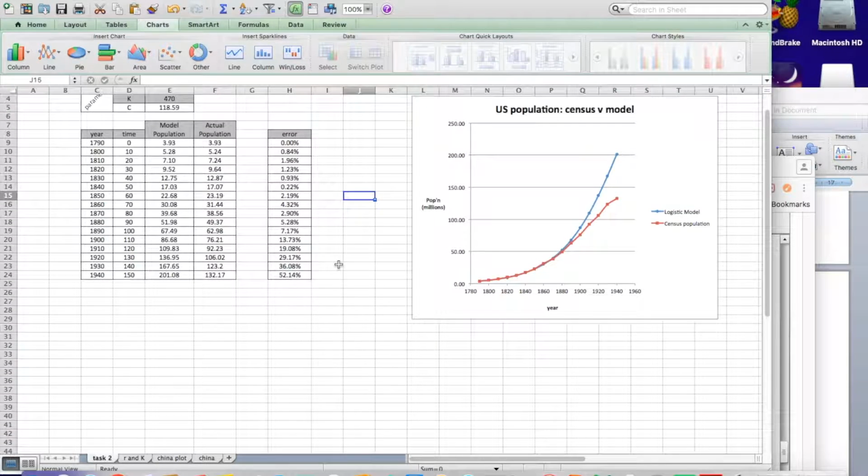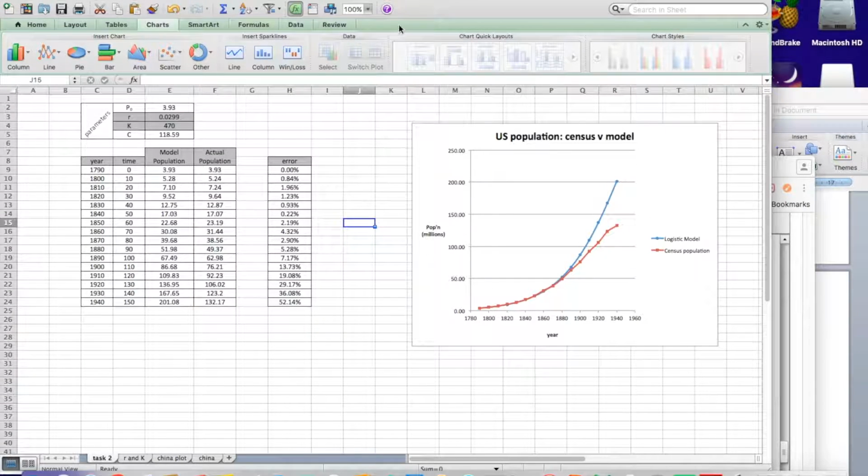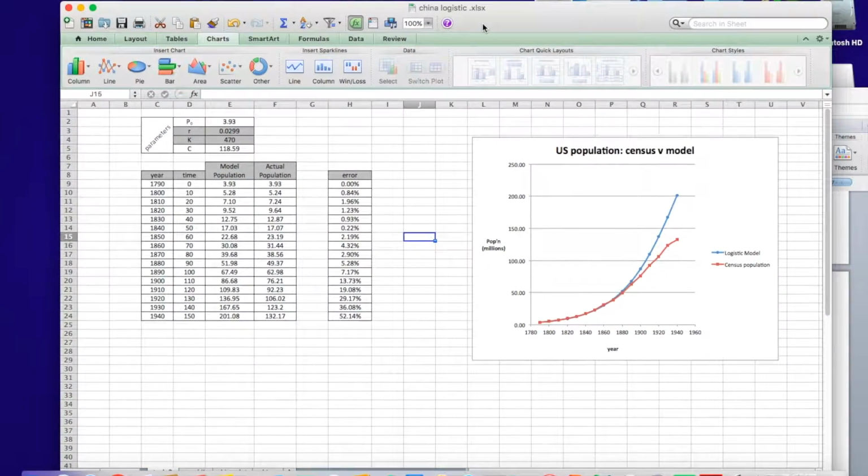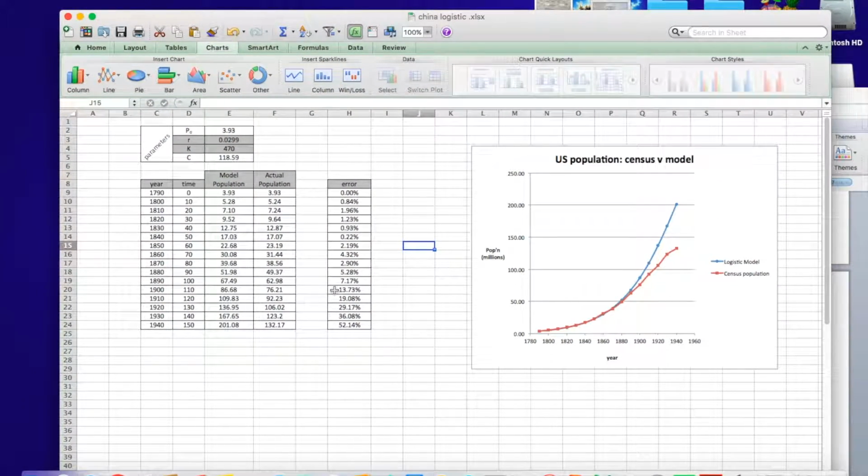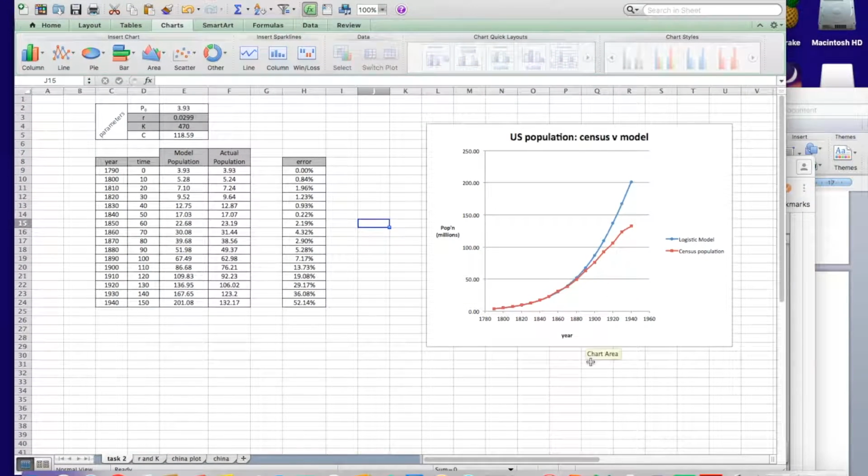So I think one of the main limitations of the logistic model is that it can only be used over short time periods.